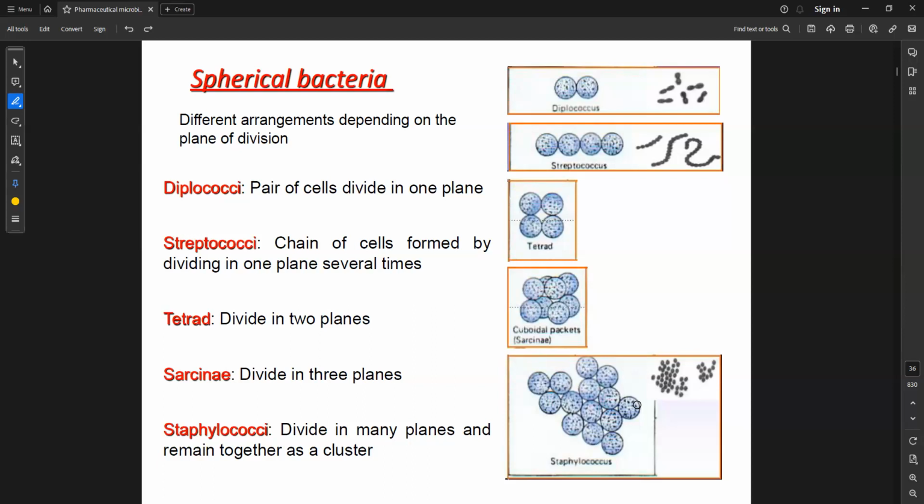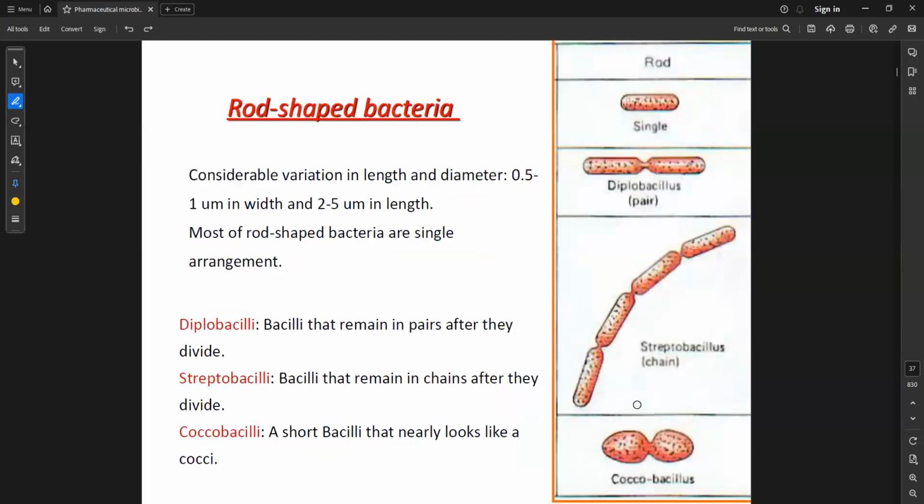For the rod-shaped, we have single bacilli, diplobacilli, streptobacilli, and coccobacilli. So coccobacilli looks more circular, but it's still a rod-shaped bacteria. Then streptobacilli elongate along a single line, which is the y-axis. Then diplobacilli are usually a pair.